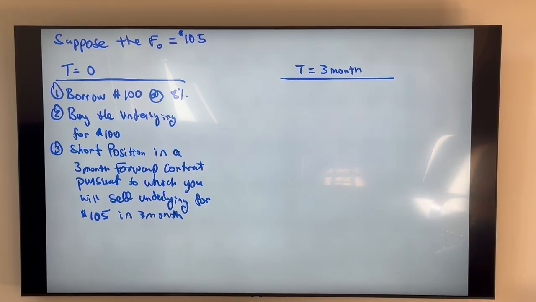So those are the three things you would do simultaneously. First, you would borrow $100 at 8%.